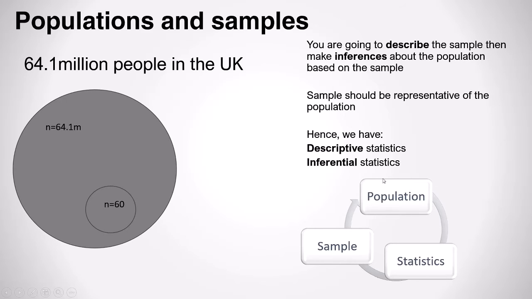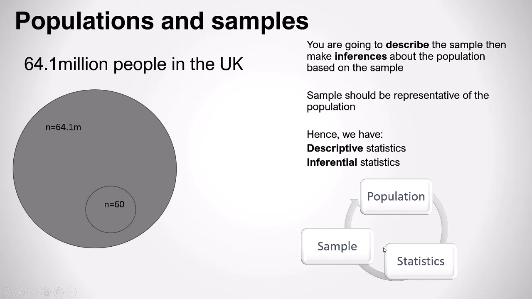So if you're interested in people with type 2 diabetes, for argument's sake, then your sample should be really closely representative of that group of people, should be similar to them in all sorts of characteristics.